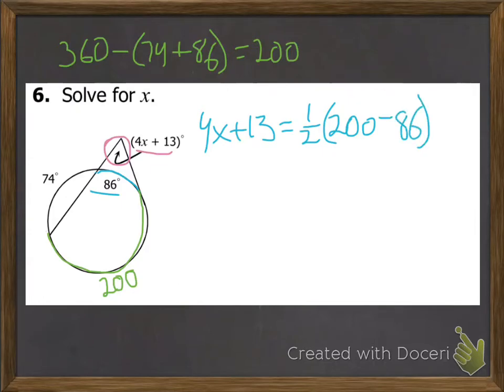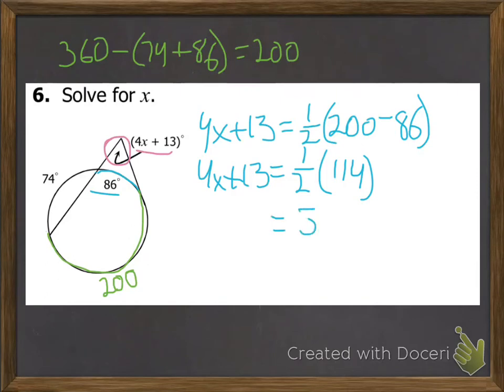So same thing as the last problem, just bring down 4x plus 13. It's still going to be equal to 1/2. And then 200 minus 86 is going to be 114. And then 114 divided by 2, or multiplied by 1/2, is going to be 57.